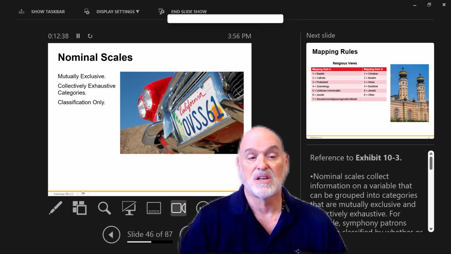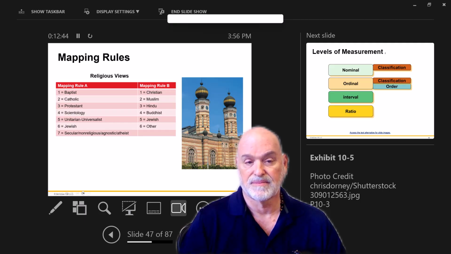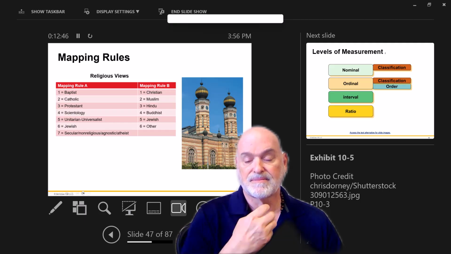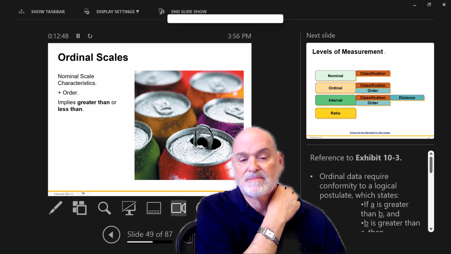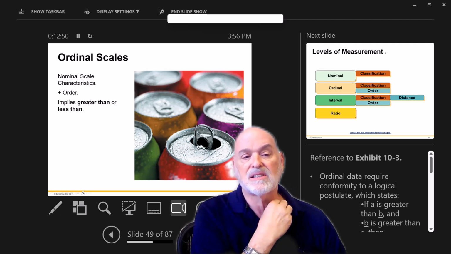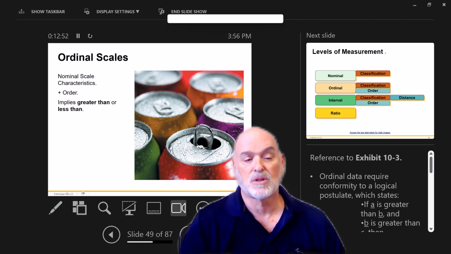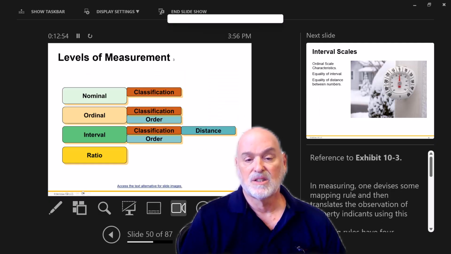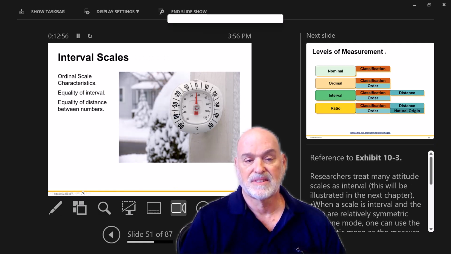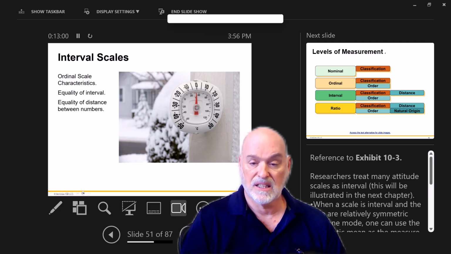Nominal scales: mutually exclusive, collectively exhaustive categories, classification only. Ordinal scales: nominal scale characteristics plus order, which implies greater than or less than. Interval scales: ordinal scale characteristics, equality of interval, and equality of distance between numbers.